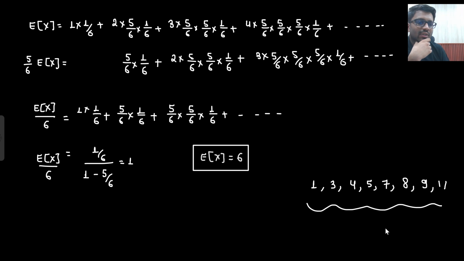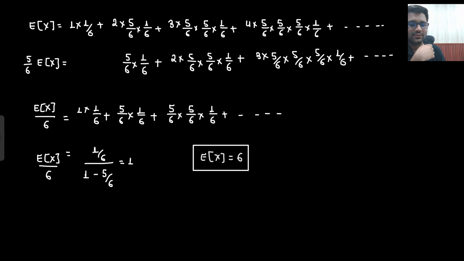Now if I ask you to find the expectation of random variable x, where x represents the number of times the dice needs to be thrown such that 4 is observed for the first time, what will be the answer? Expectation of x will be 8 only. Why 8? Because 8 values can come. Although we will not use our intuition in the examination, once the answer comes, we can match it with the intuition. Are you able to understand this point?